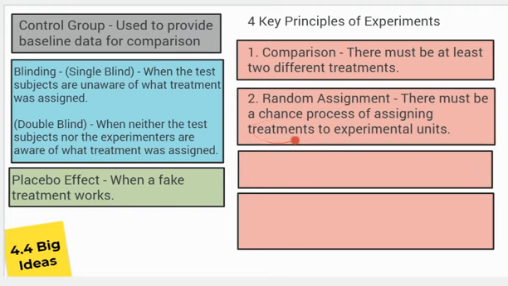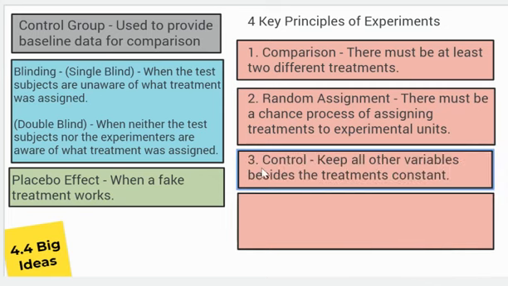The third characteristic of a well-designed experiment is control. Now, that does not mean that we have to have a control group. This is a different type of control. We are controlling the variables. So we need to keep all other variables besides the treatments constant.